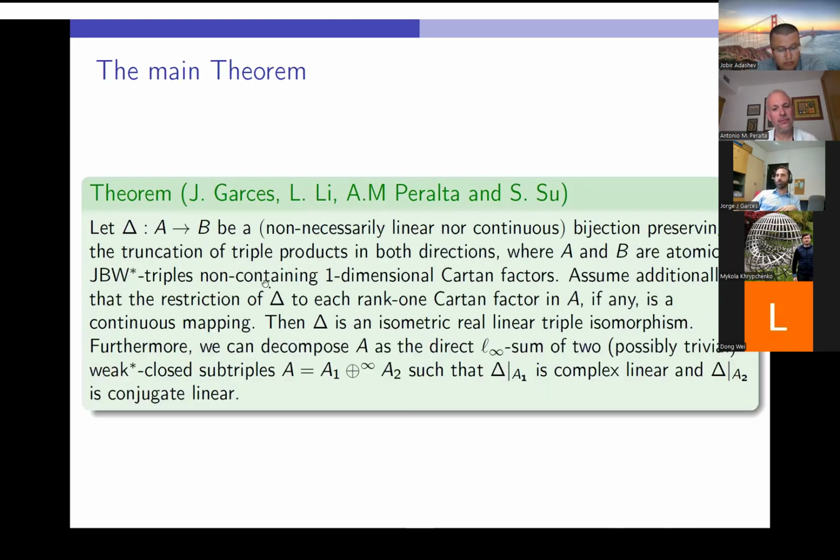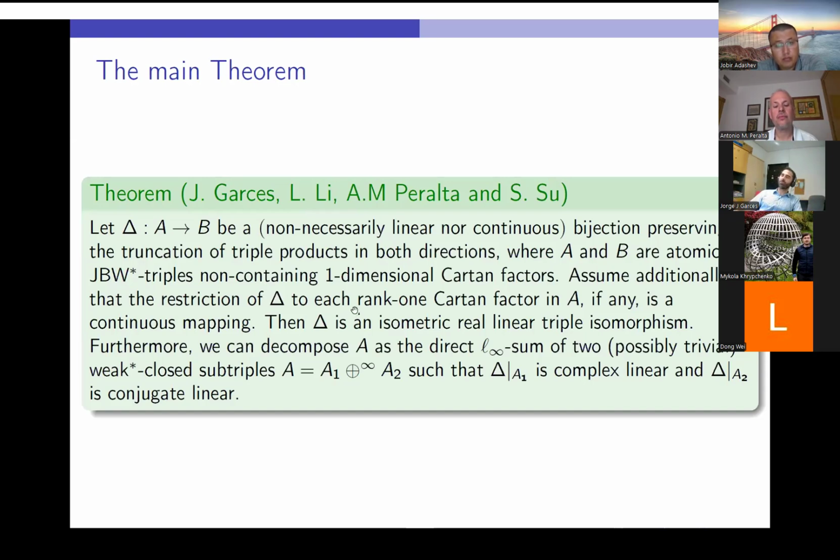We have two atomic JBW*-triples. We can separate summands and do everything about the restriction between two Cartan factors, and we put everything together now in the final main theorem.